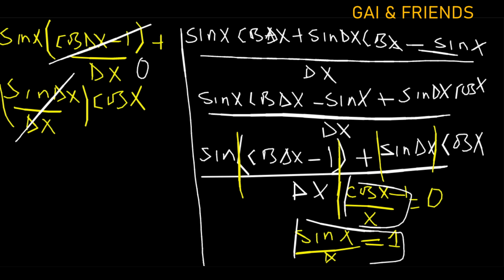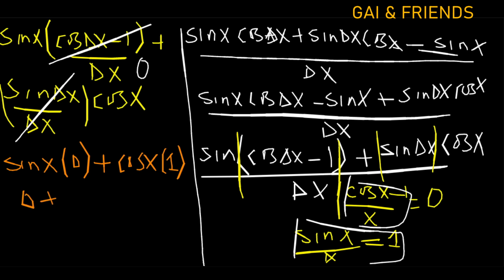So we're left with sine x times 0 plus cos x times 1. Sine x times 0 is 0, plus cos x. If you multiply anything by 1, it becomes that thing.